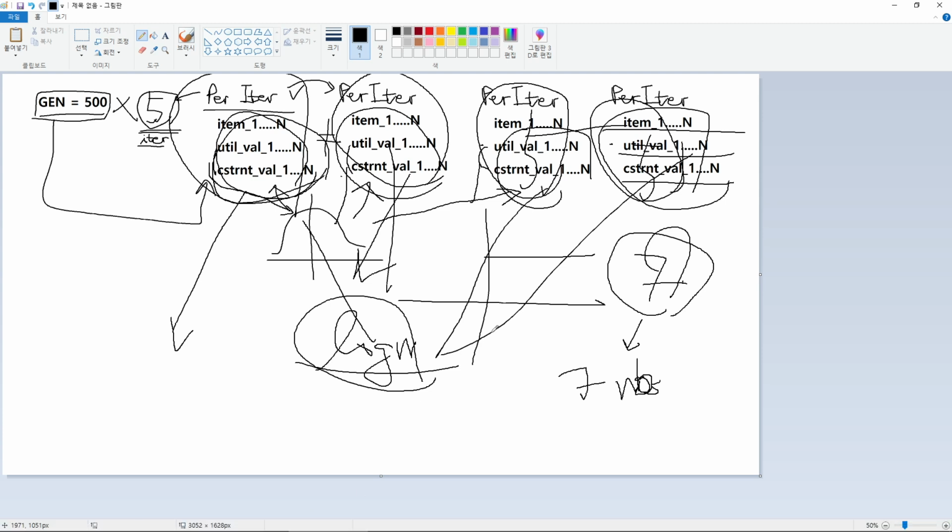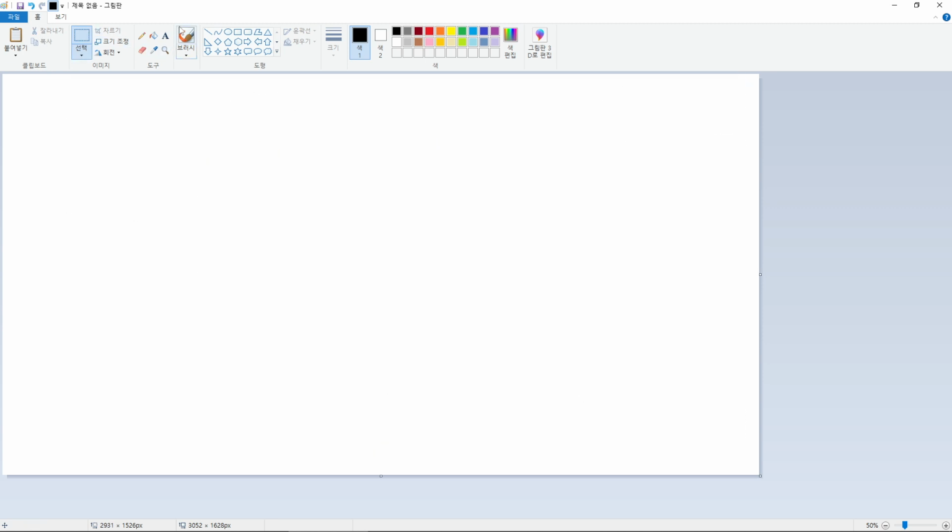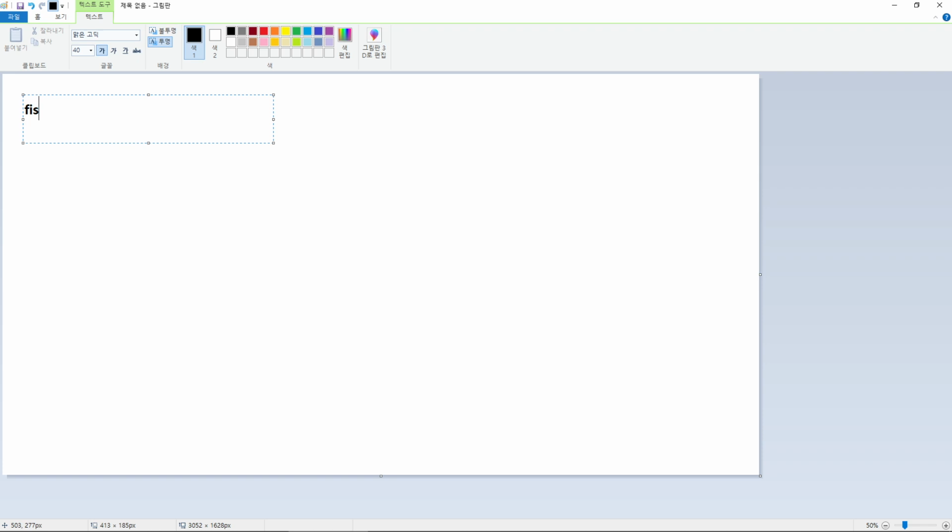So that's about it. Next time, what should I do? How should I change this? So fix the items. Fix items and values. Go through all the max constraint percentages, right?